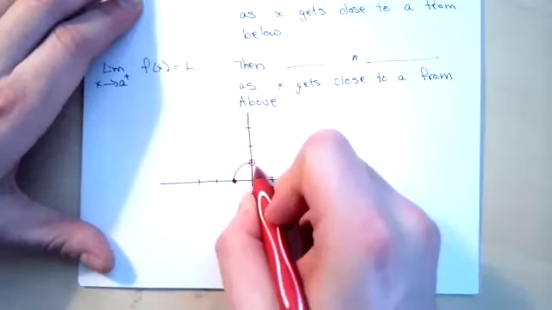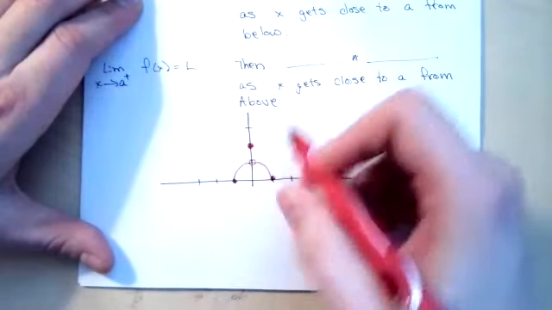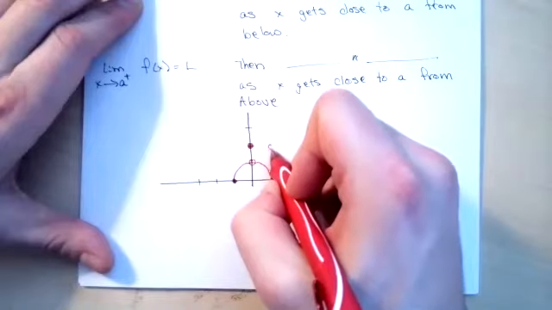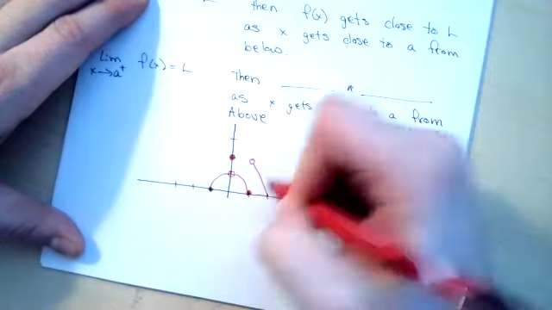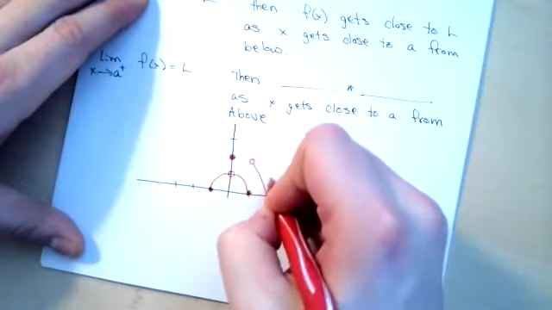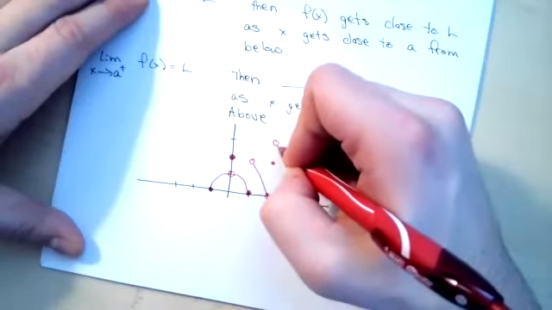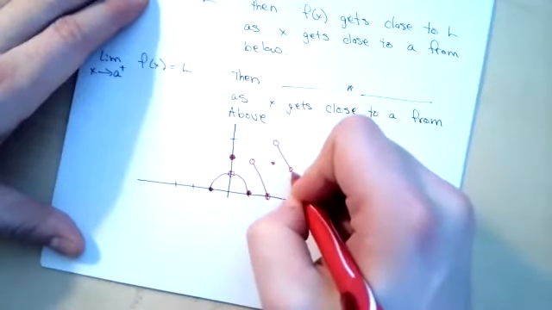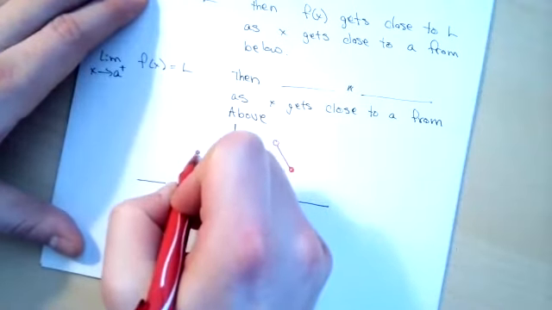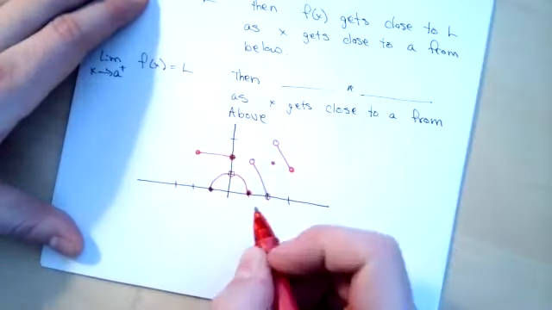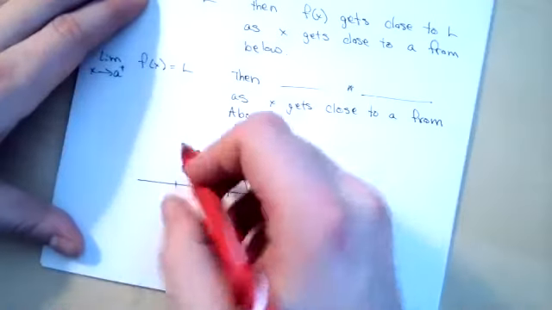So we'll put a hole there. We'll put a value here. Let's put maybe a graph like that. Let's put a horizontal line there. And how else do we want this to look?